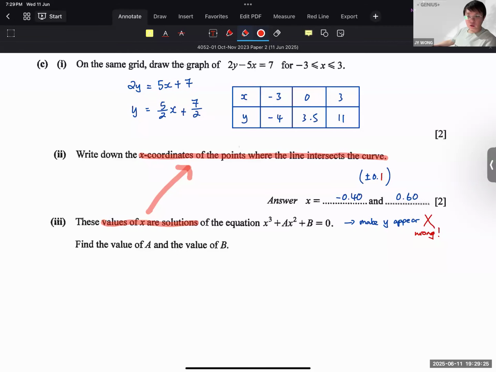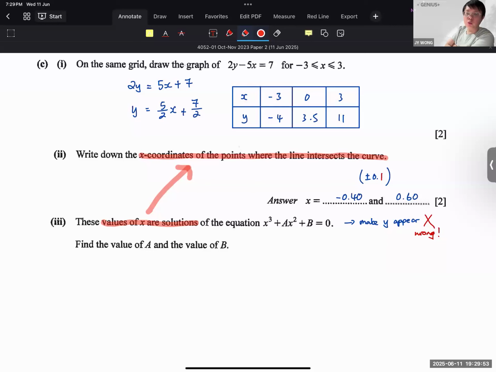So many students here will sub in the value of x. And then you sub in the value of x here, you will find you will form two equations, right? And then you equate them. I'm actually not inclined to accept that particular method. I will repeat this. For a graph question like this, I am not inclined to accept this particular method.